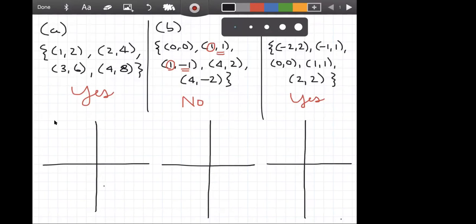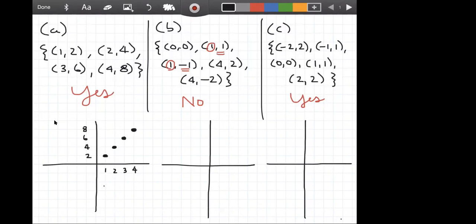Okay, so the first thing I'm going to do, and I think I only have to do this in letter A, I'm going to mark off my y-axis so that each line represents 2. That way I can get to the number 8. These can represent 1, that's fine. Okay, so we have (1,2), (2,4), (3,6), and (4,8).